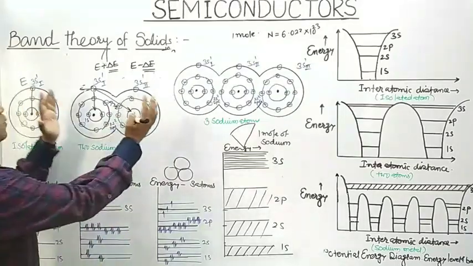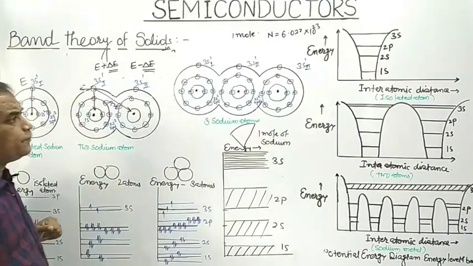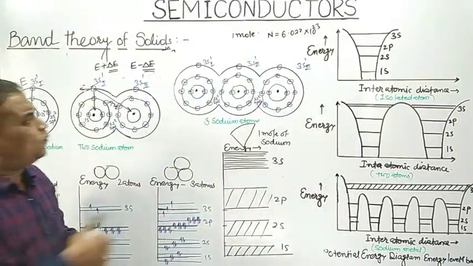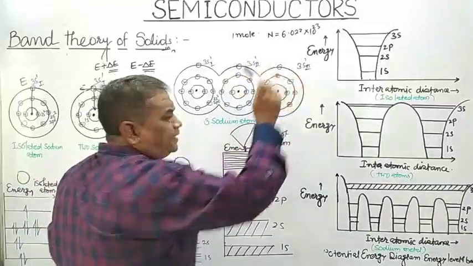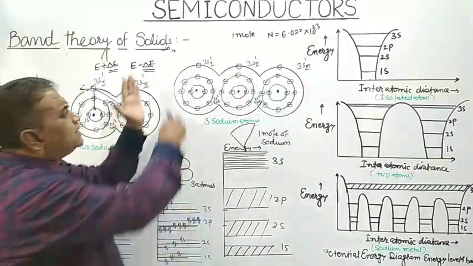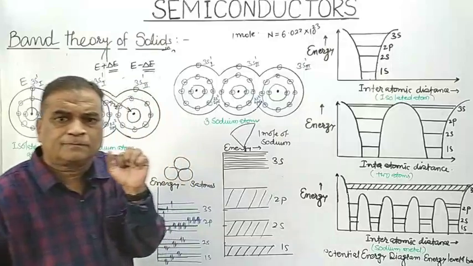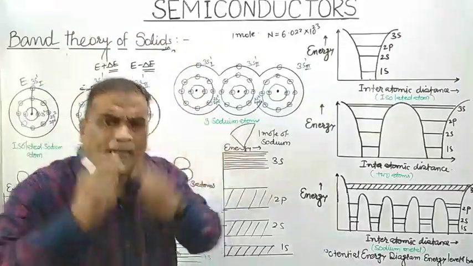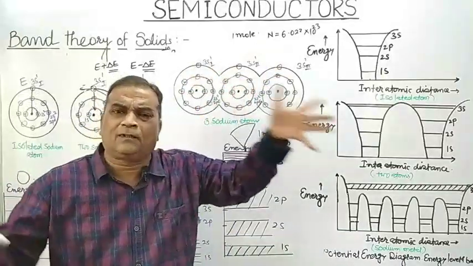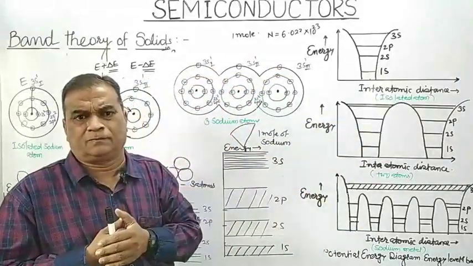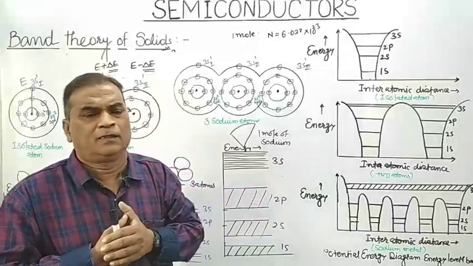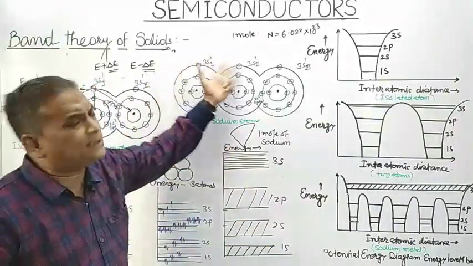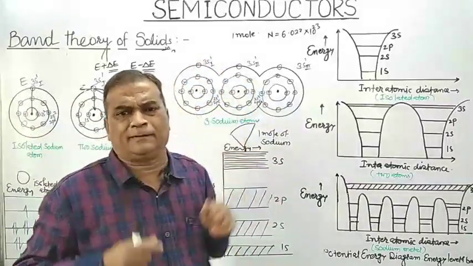Now instead of two atoms, suppose three atoms are brought close to each other. So what happens to the energy levels of these three electrons? Electrons in the 3s orbit will have strong interaction with their neighboring atoms, and due to that strong interaction their energies will change slightly.